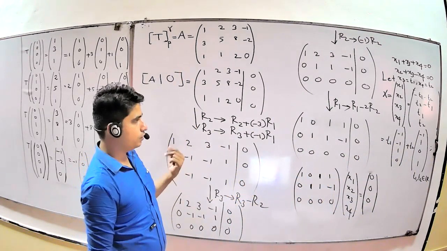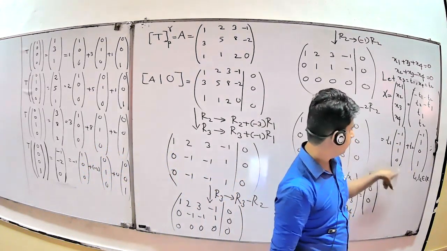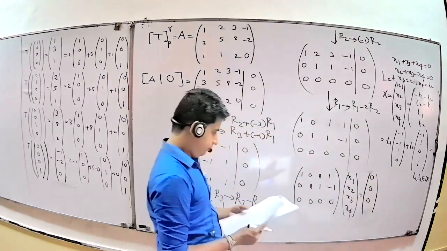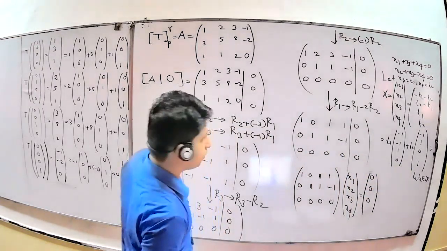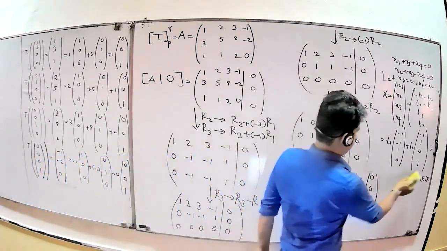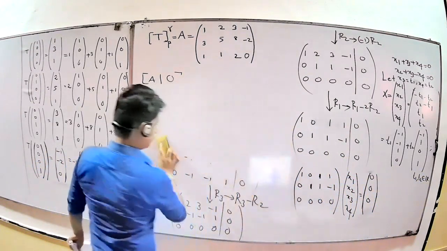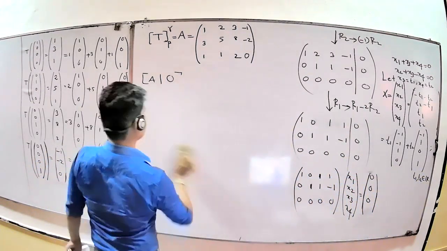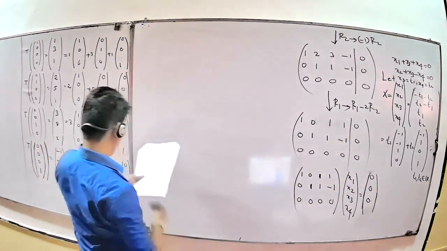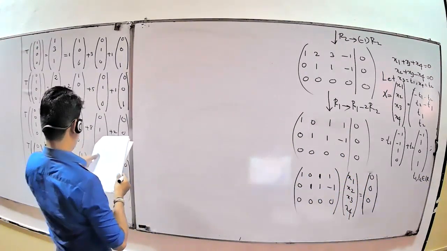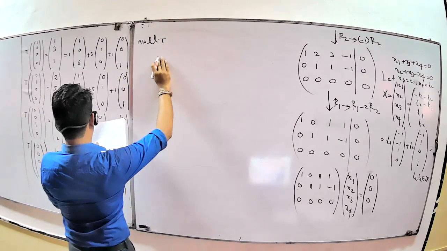You already know that AX equal to 0 means X belongs to the kernel of T. Therefore, these are the basis for the kernel of T. The kernel of T means null T, so these are the null T basis.